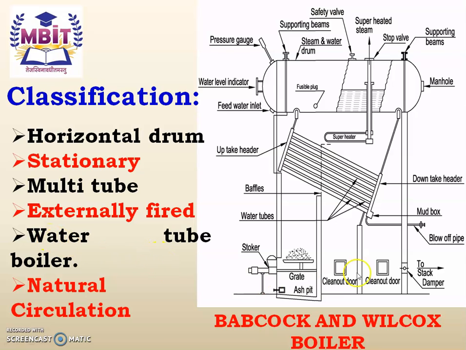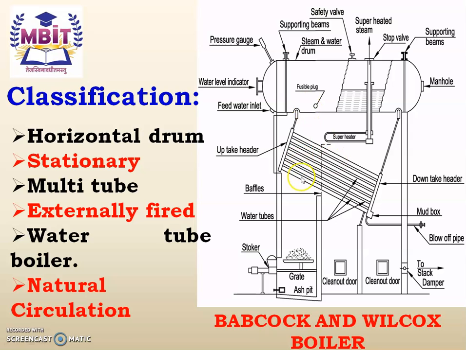Water tube boiler: as the tubes are located outside the boiler and connected to the boiler drum, you can see that the water enters the tube from the drum through the downtake header and goes up through the uptake header.